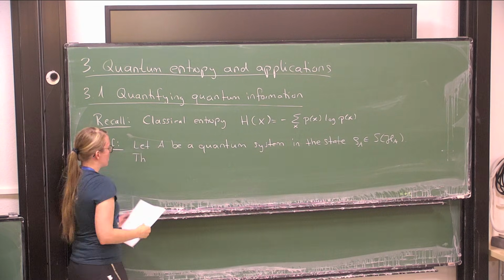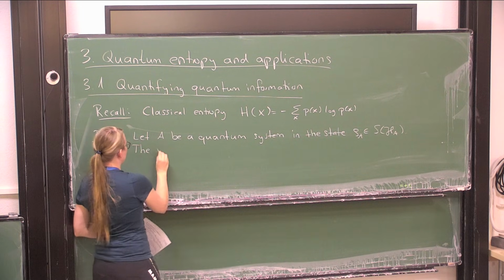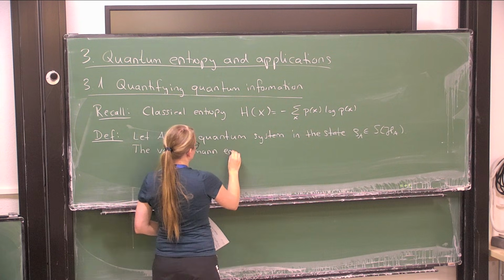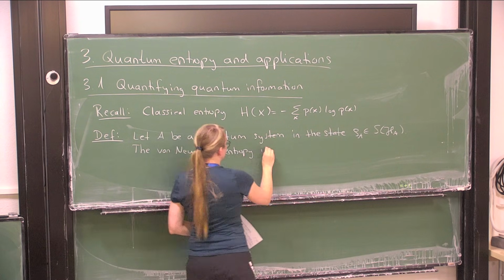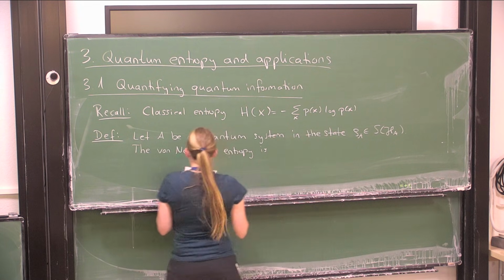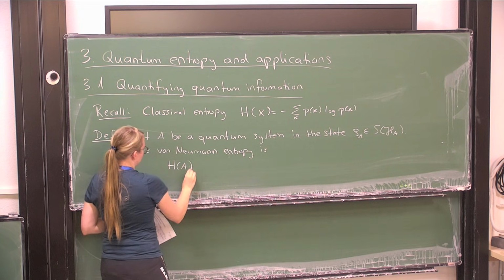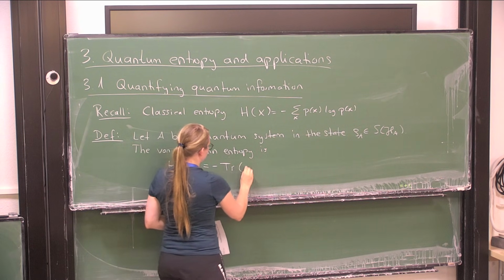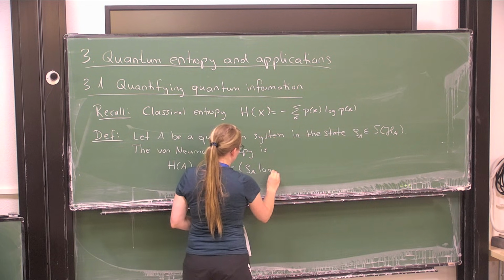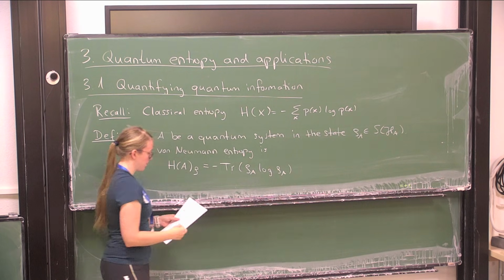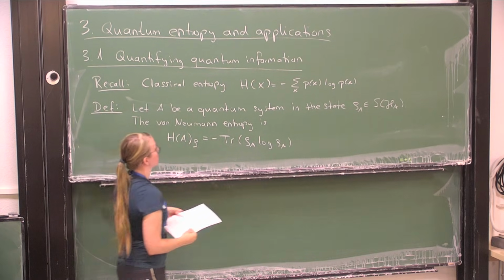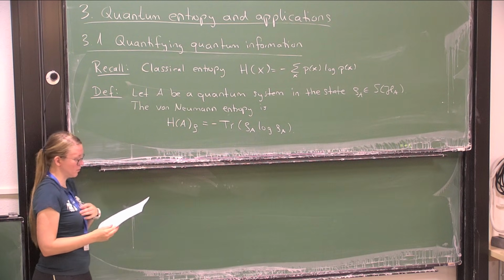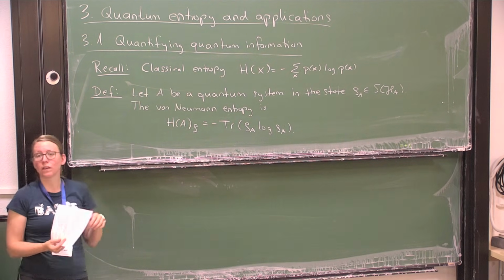Then the quantum entropy was equal to the von Neumann entropy of A, depending on the state rho, minus trace rho A log rho A. Sorry, what is S?